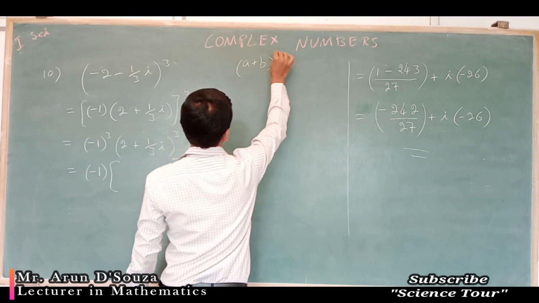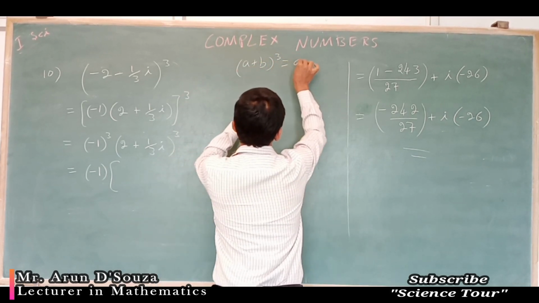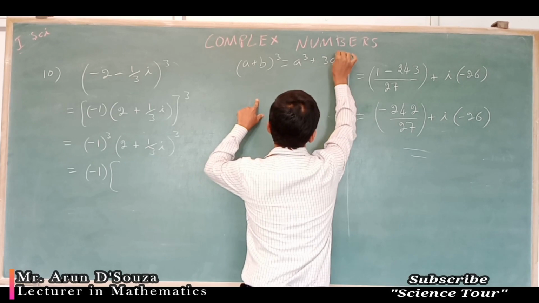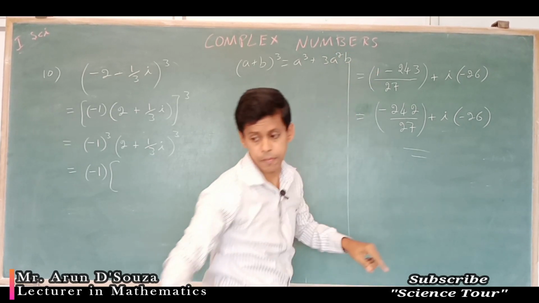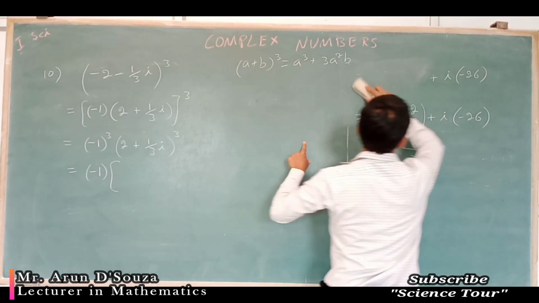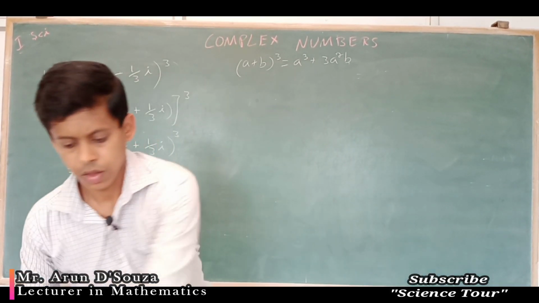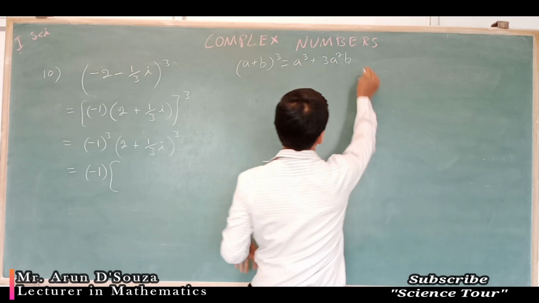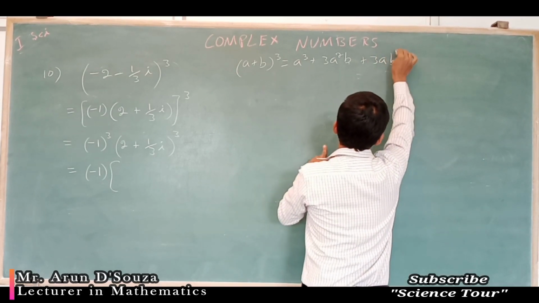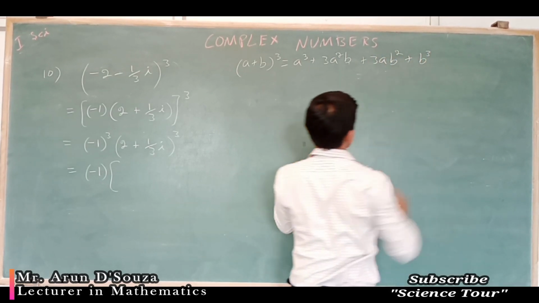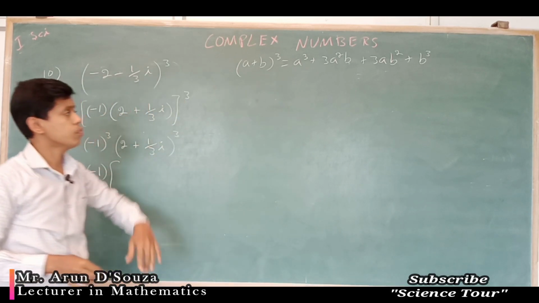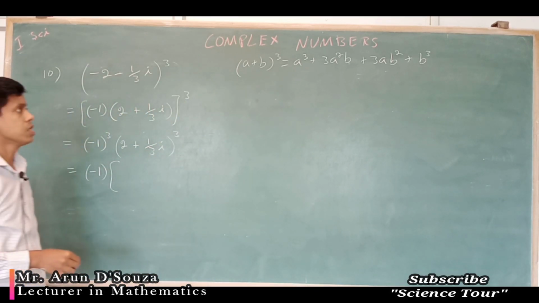So a plus b whole cube is a cube plus 3a square b plus 3ab square plus b cube.